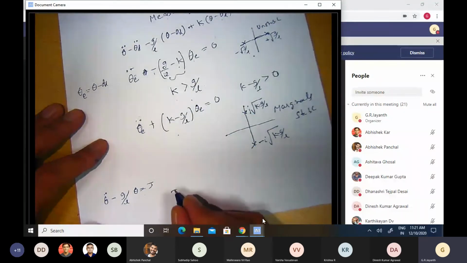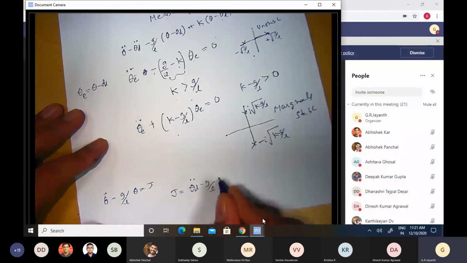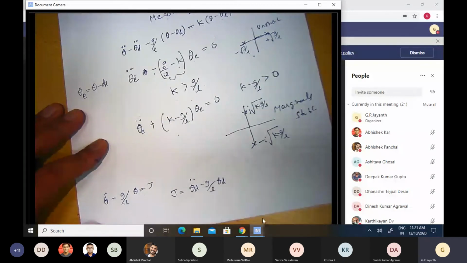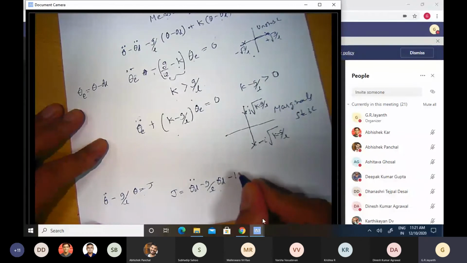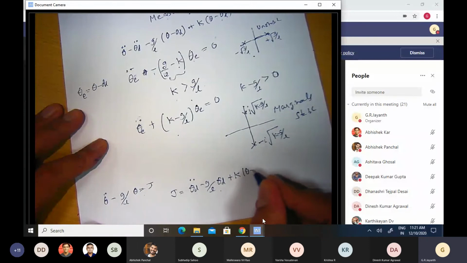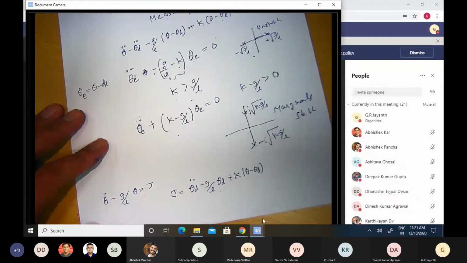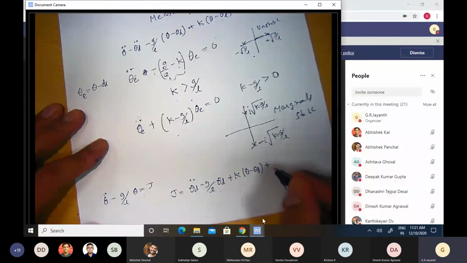And I chose tau to be equal to theta d double dot minus g by L theta d, but failed in this process with this selection to get my states to follow my desired value theta d. But adding this extra term, minus k times theta minus theta d, made my system a marginally stable system. Suppose in addition to theta, I can measure theta dot also.